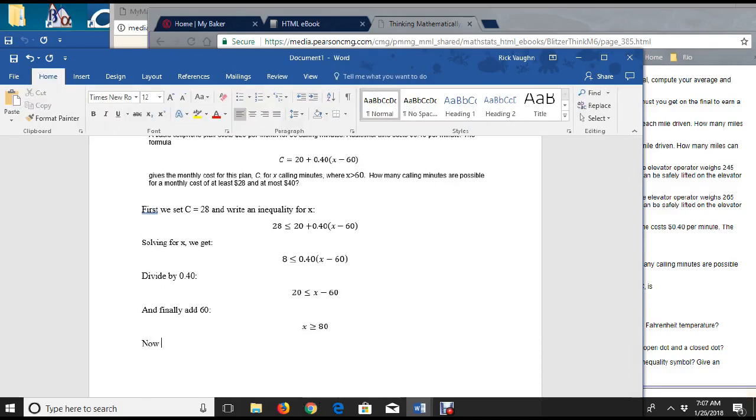Now we'll do the other boundary by plugging in C equals 40.